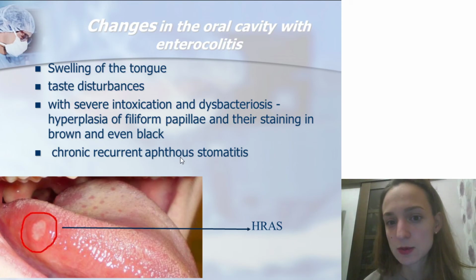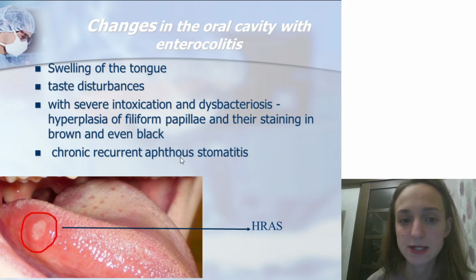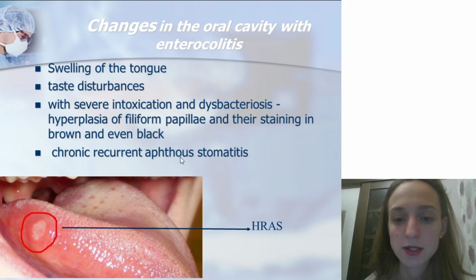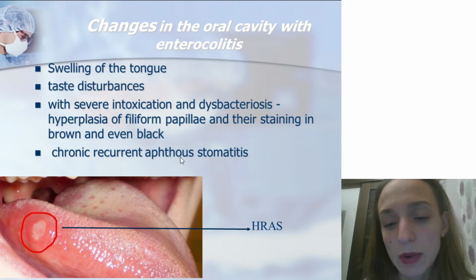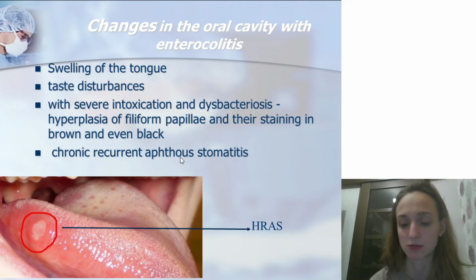Changes in the oral cavity with enterocolitis. It is swelling of the tongue and taste disturbances. Then with severe intoxication and dysbacteriosis, hyperplasia of filiform papillae and their staining brown and even black, and chronic recurrent aphthous stomatitis.